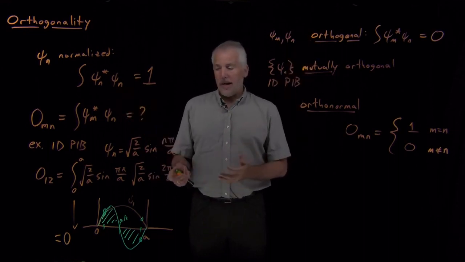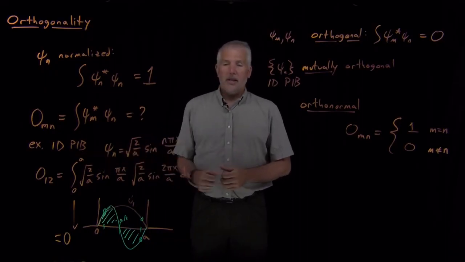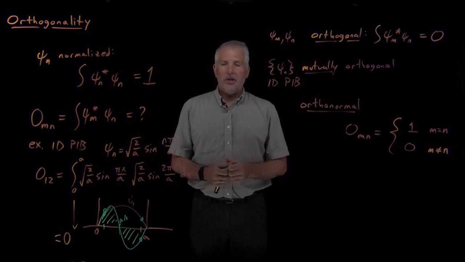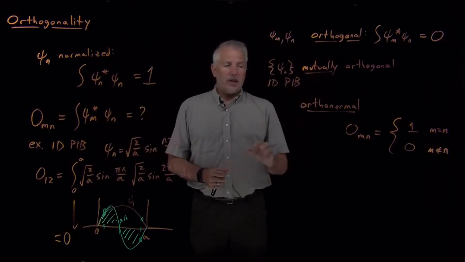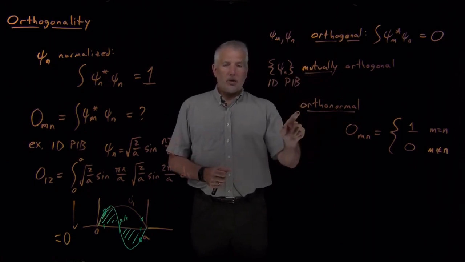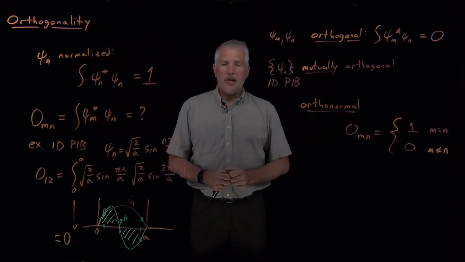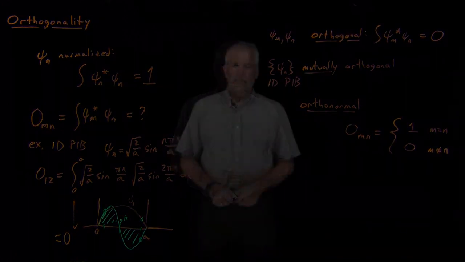If they don't come out automatically orthogonalized like the one-dimensional particle in a box wave functions are, then there's a procedure we can take to make sure that they're mutually orthogonal to one another. So it's very convenient that quantum mechanical problems can always be chosen so that the wave functions turn out to be orthonormal. And that's convenient because then we can use those orthonormal wave functions to construct other functions. And that's what we'll talk about next.